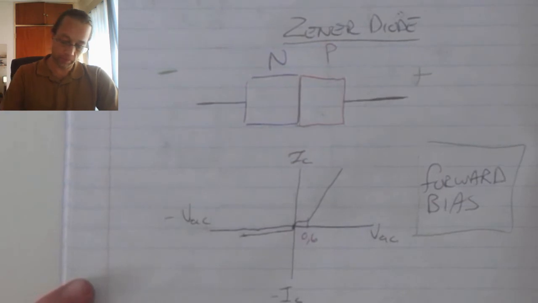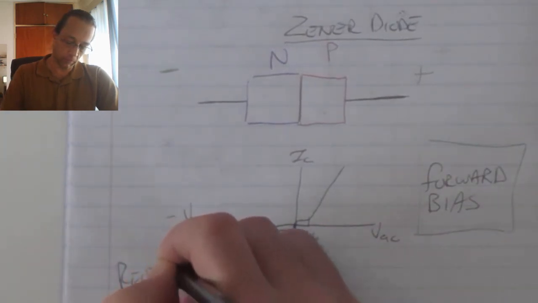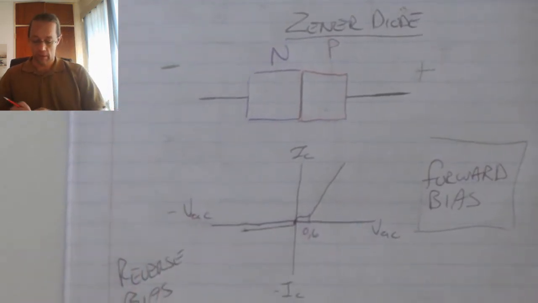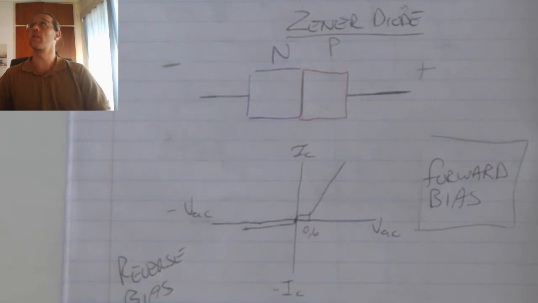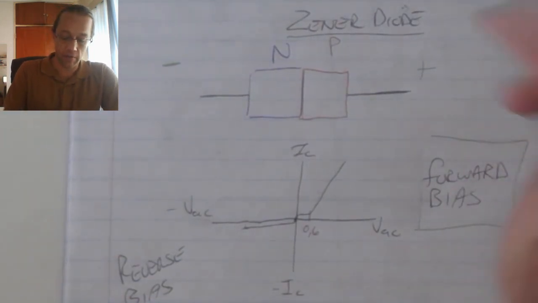In reverse bias, the p-n junction or the Zener diode responds differently.